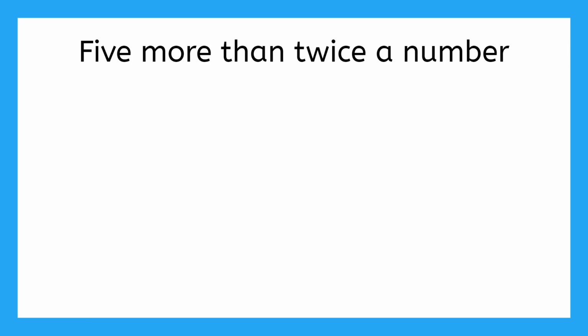All right, let's take the difficulty up a notch. 5 more than twice a number. First, saying more than is similar to saying take away. You had to start with something else and then add more to it. So let's leave a blank space for the first part, then add 5 more to it. The thing we're adding 5 more to is twice a number.